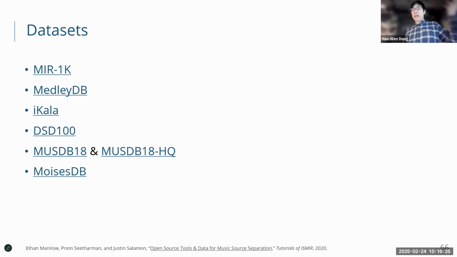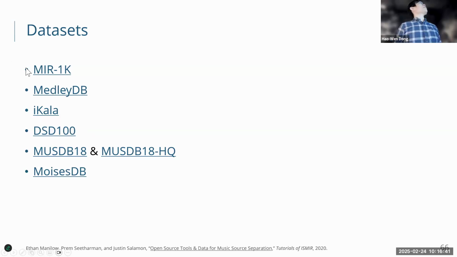Or, if you want a dataset with a bunch of vocals, then iKala is one of the ways that you get clean vocal sounds rather than all the other instruments. So sometimes these source separation models are very useful because they give you stems rather than the full mixture.